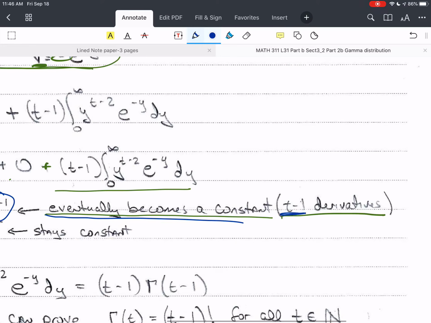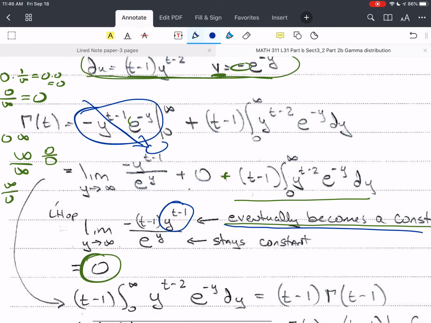You take t minus 1 derivatives, as long as t is a positive integer, and then that becomes a constant, 1, and you've got these constants out front because t is a constant with respect to y. So you've got some constant divided by something, and when you take the derivative of a constant, you end up with 0, but actually you stop, right? When you get a constant, you have the constant divided by, that's right.